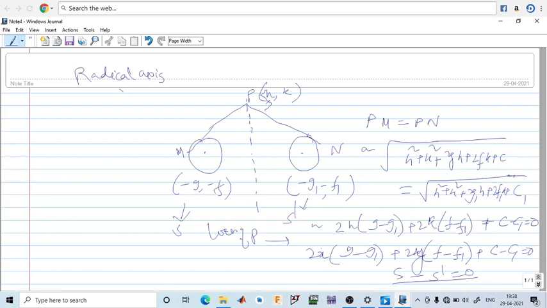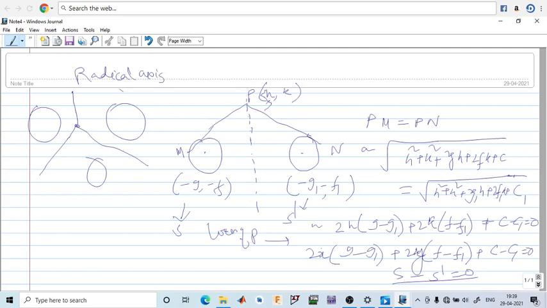So the last topic is radical center and coaxial system of circles. What is the radical center? If we draw with respect to three circles, suppose these are the three circles, and the radical axis with respect to these two circles is this, with respect to these two circles is this, and with respect to these two circles is this.